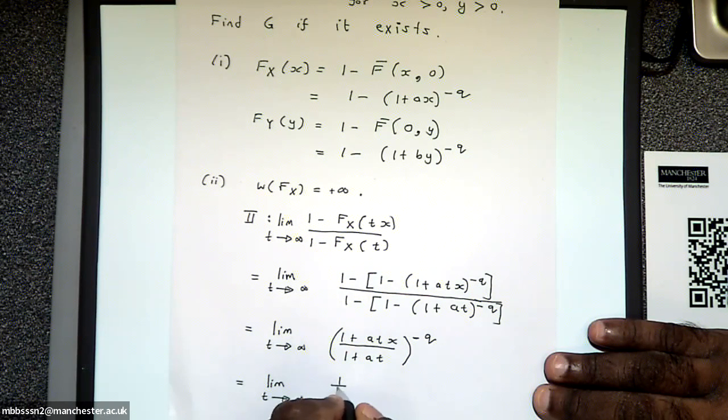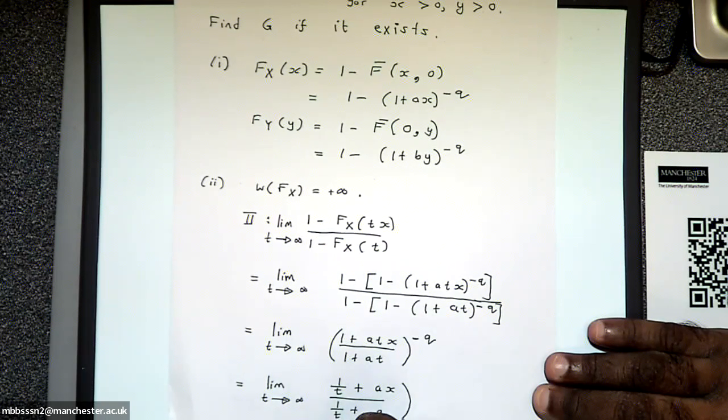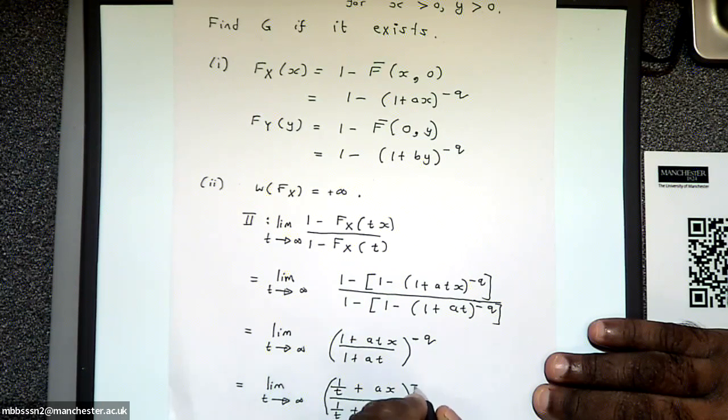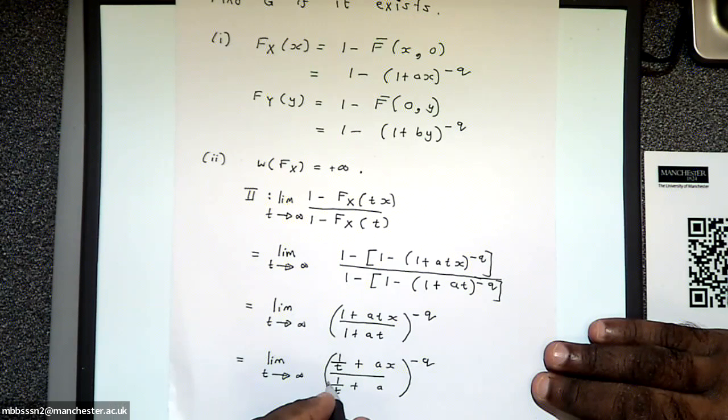So it's going to be 1 over t plus ax, 1 over t plus a. Now, as t goes to infinity, both these go to 0. So the limit is x to the power minus q.